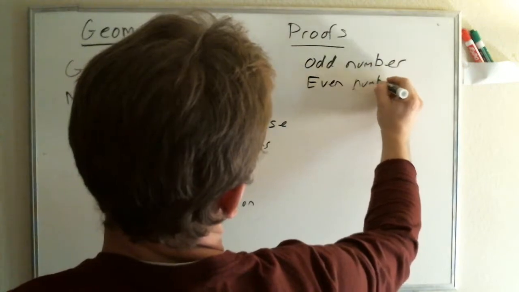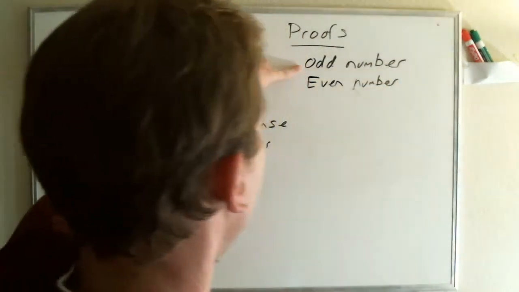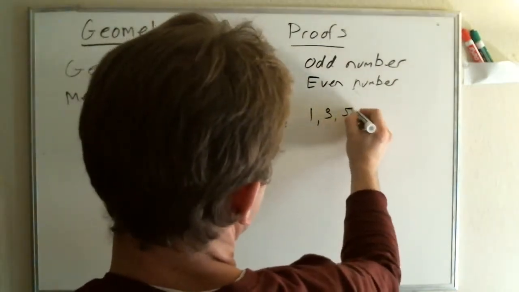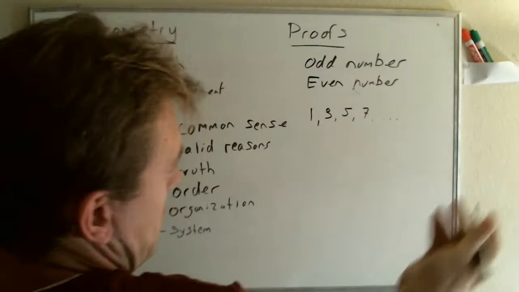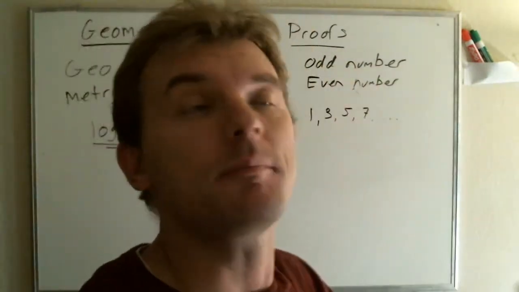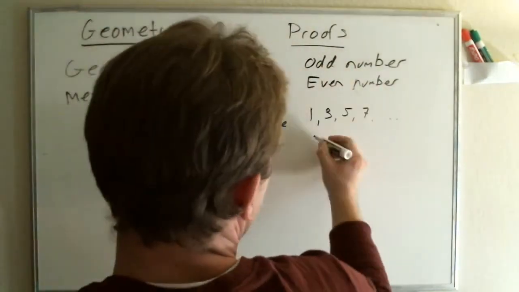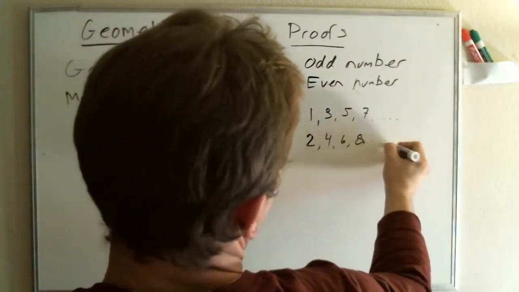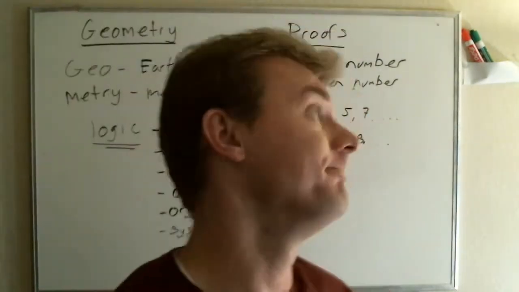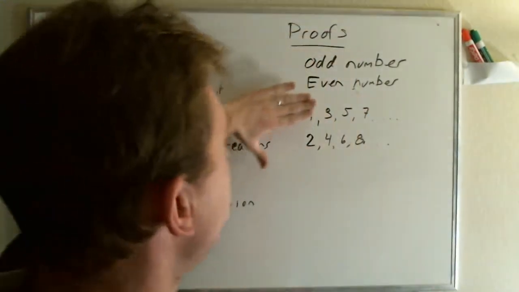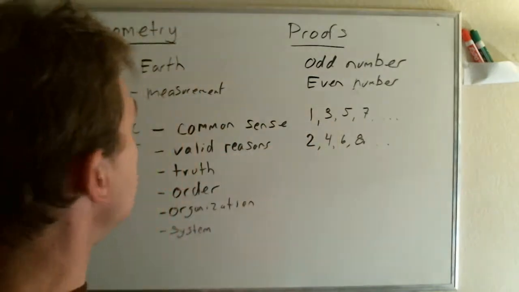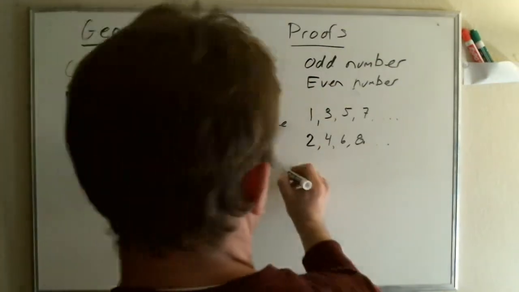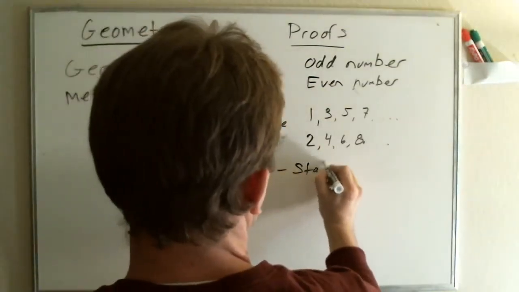You can say an odd number goes 1, 3, 5, 7. But really, what are you doing to get to the next number? And an even number is 2, 4, 6, 8. What's the process of getting to the next number? You have to see a pattern and come up with a logical explanation of why that's happening. So you have to have what we call statements about what you're trying to prove.